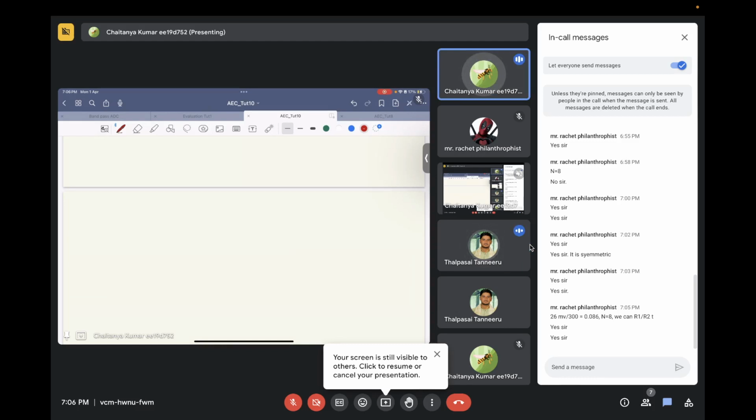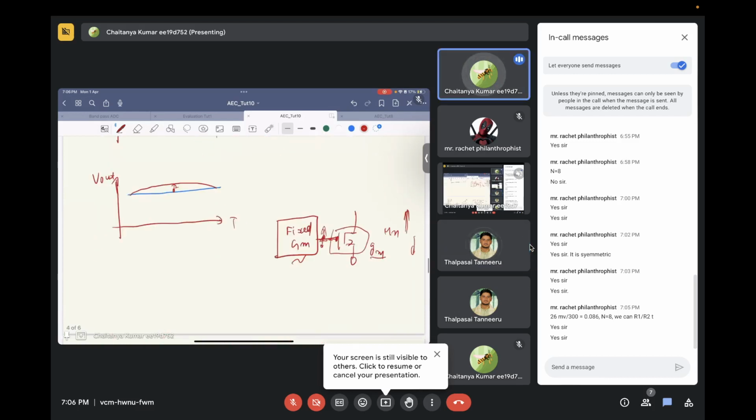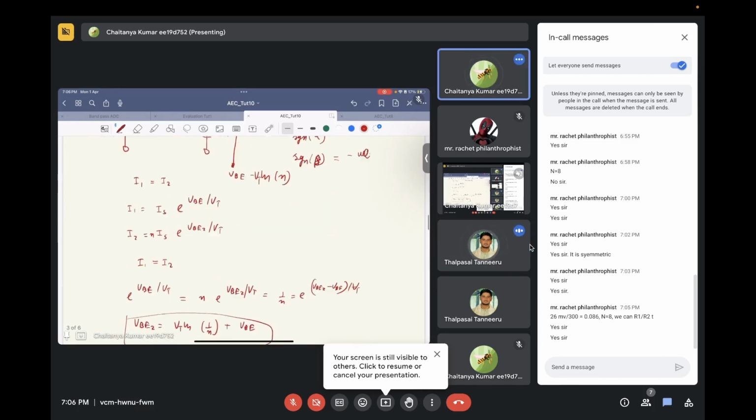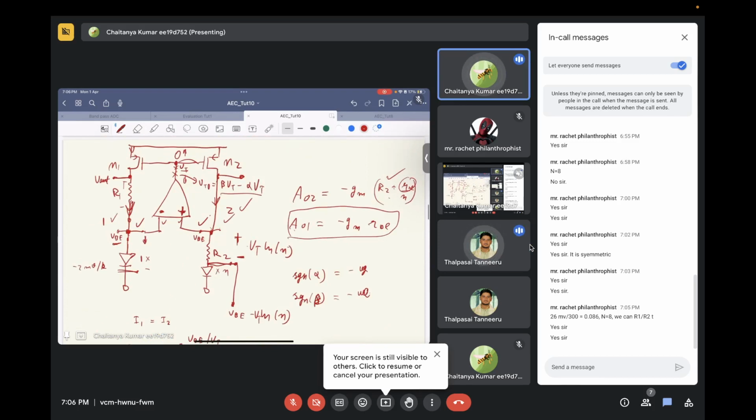Let's say I choose a very small value of resistance. What will happen? Based on the voltage, you will choose the value. No, the voltage is fixed. Whatever absolute value of R1, R2 you choose, the voltage cannot change. It's around 1.2 volts, like you might remember from your class.